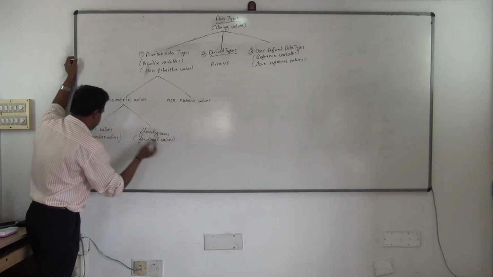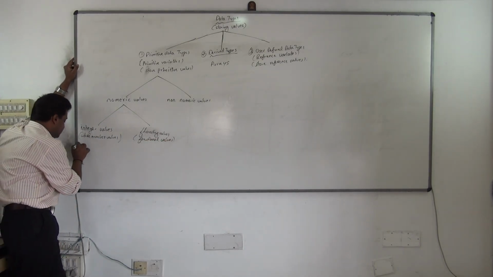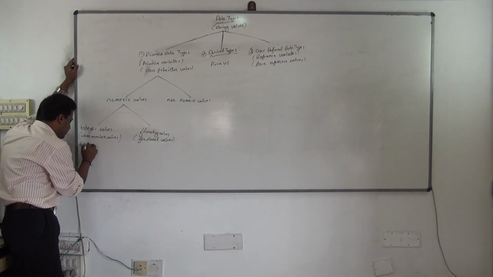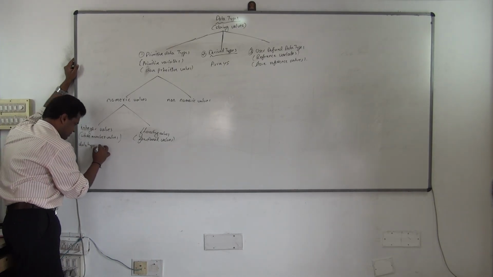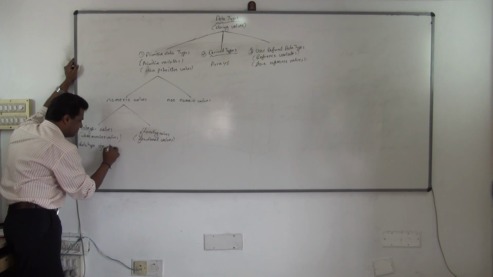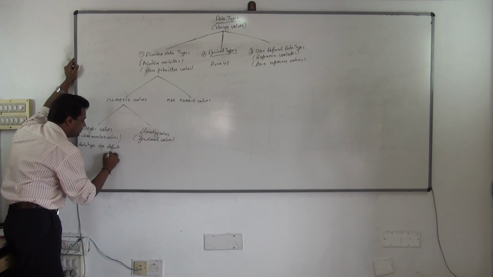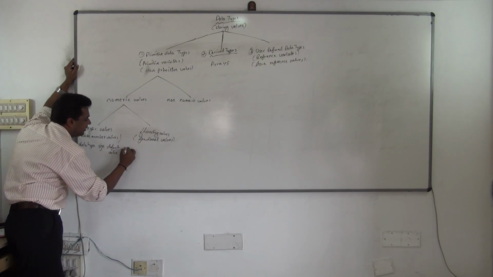To store these two, see the support given by the Java language. I'll classify it here. One table I'll create: data type, size, default value, and range.